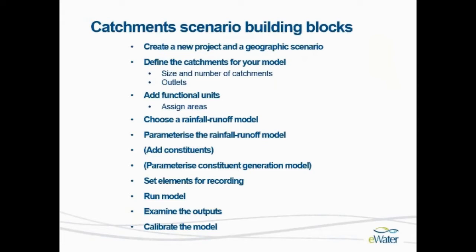Functional units are used to assign areas inside Source. Then comes choosing a rainfall runoff model and parameterizing it. We will then optionally add constituents and parameterize a constituent generation model. Once one has set all this up, you set the elements that you're interested in recording, run the model, examine these outputs, and then calibrate this model.